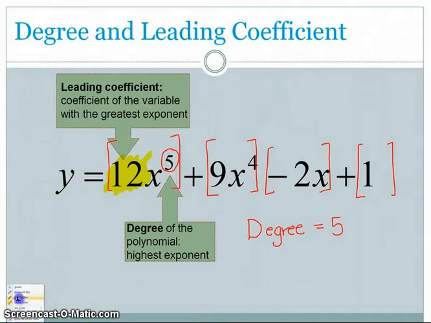So I'm going to write, for short of leading coefficient, I'll just put LC. The leading coefficient here is 12. And you'll find in subsequent chapters an important idea when solving polynomial functions is finding the leading coefficient. That leading coefficient is going to help us find solutions later. So it's important to be able to identify the degree and identify the leading coefficient.